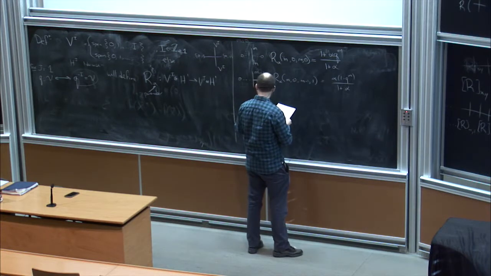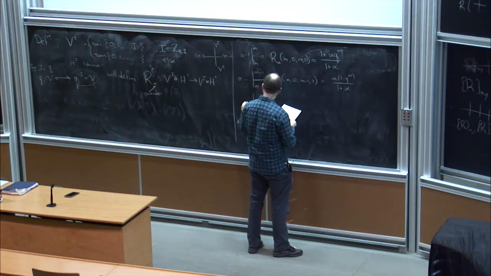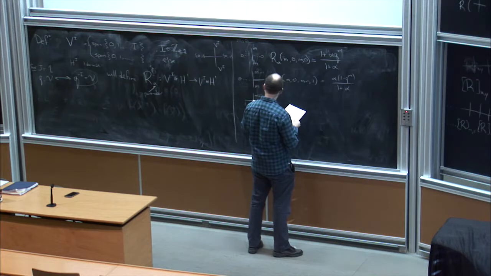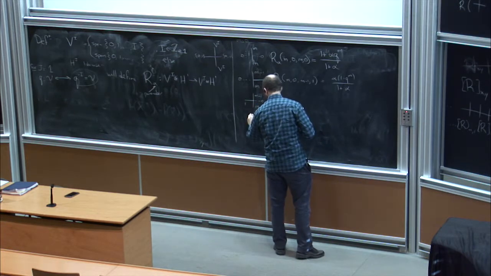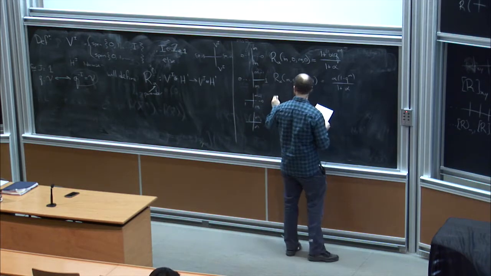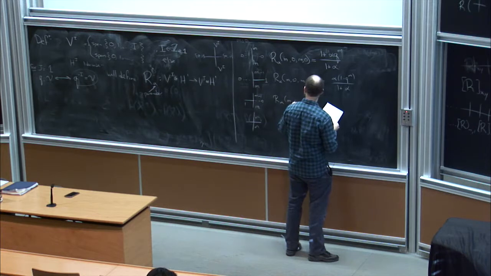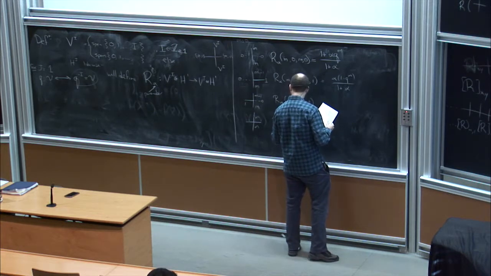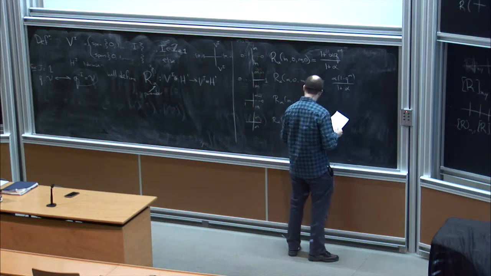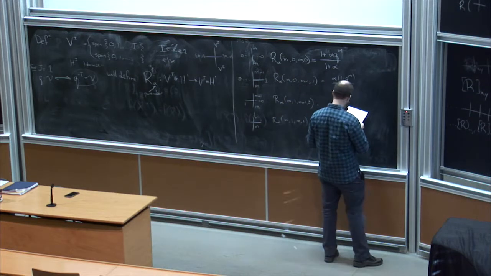The other case would be to have m in and 1 in, and then I can have m plus 1 out and nothing out. Or I can have m in and m out and 1 in and 1 out. So each of these has the respective weights, which are given as such.